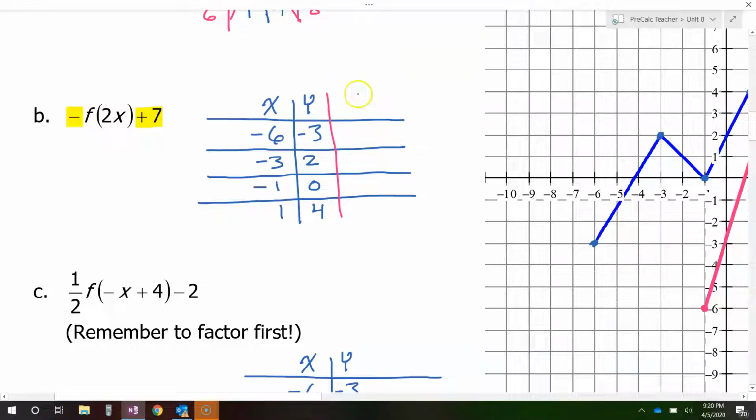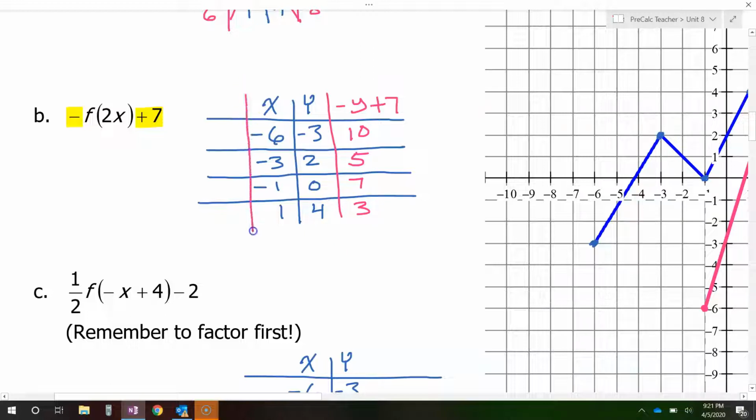So that's why I'm going to be doing negative y plus 7, or the opposite of y plus 7. So the opposite of y is 3, plus 7 is 10. The opposite of this is negative 2, plus 7 is 5. The opposite of this is still 0, plus 7 is 7. The opposite of this is negative 4, plus 7 is 3. So that's the y values.